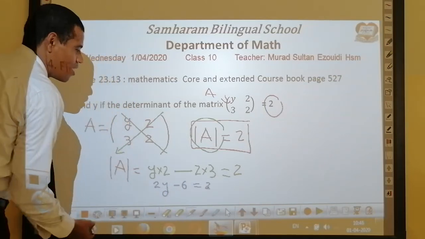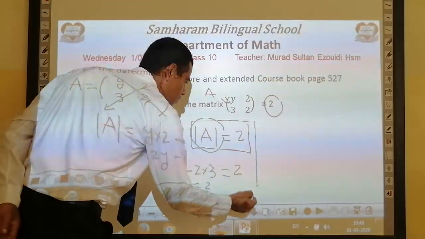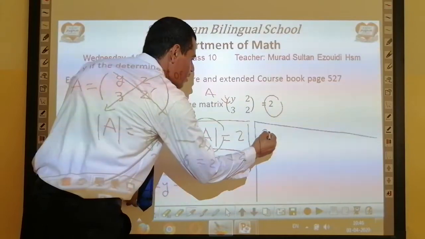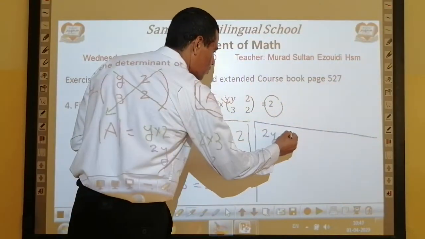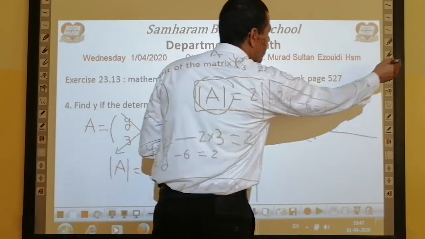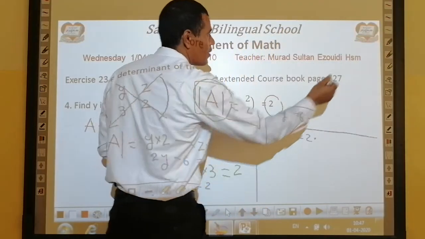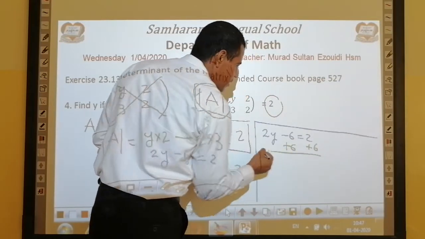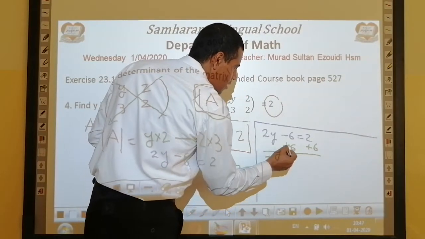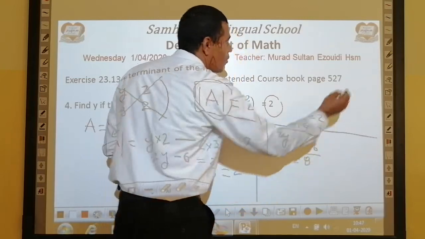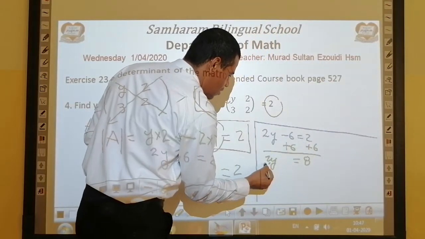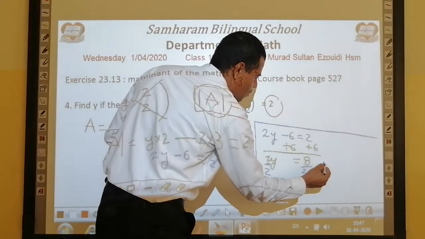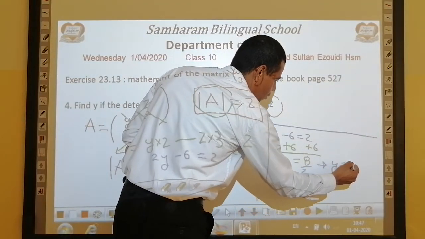So 2y minus 6 equals 2. Then, my kids, I will add 6 to both sides. So 2y equals 8. Then I will divide by the coefficient of y, which is 2, on both sides. So, therefore, y equals 4.